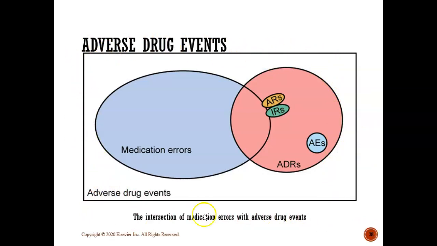Within that rectangle, you have your medication errors and your adverse drug reaction. And as you can see, here is where they overlap, right? Sometimes medication errors actually overlap or cause adverse drug reactions.